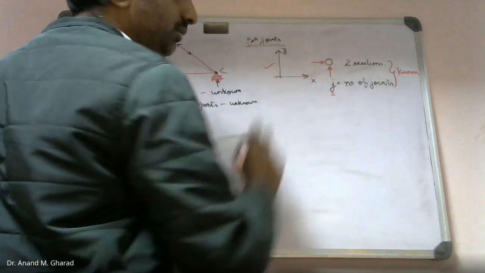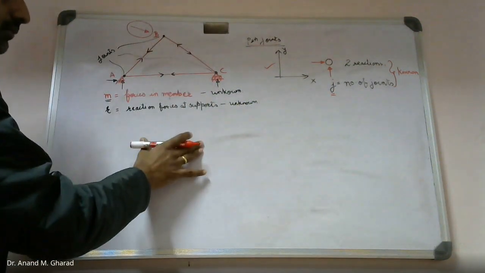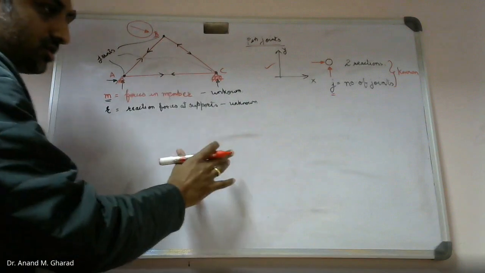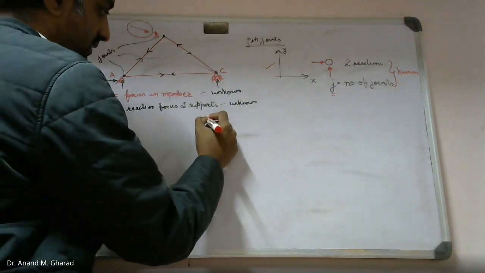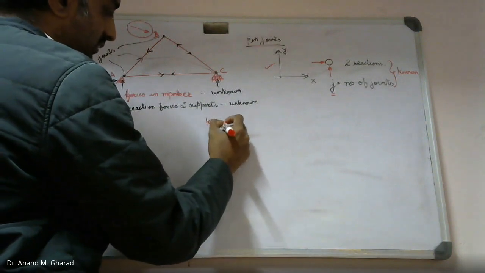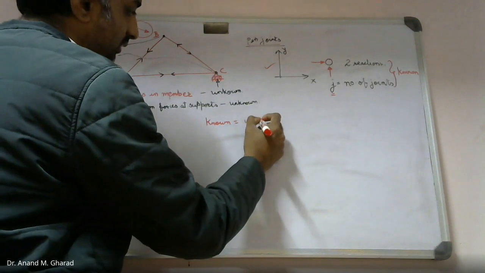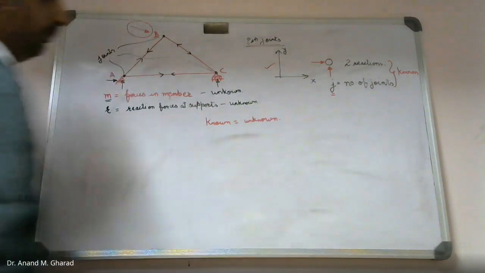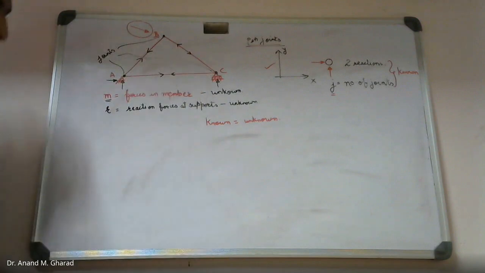So in order to maintain equilibrium, the number of knowns should be equal to the number of unknowns. What did I say? The known should be equal to unknown in order to maintain equilibrium. Then and only then the internal forces will be developed.